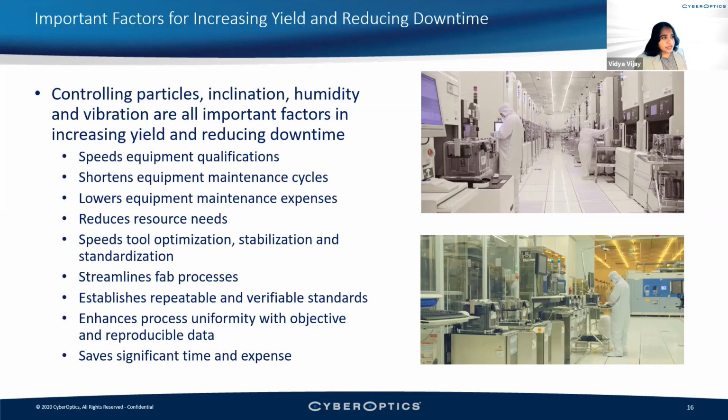Leveling, inclination, and vibration help with increasing the yield and also reduce downtime. If we can characterize vibration, it's not a binary thing for vibration. You can have some vibration and still be okay.